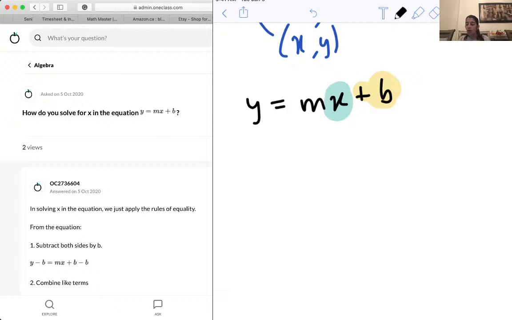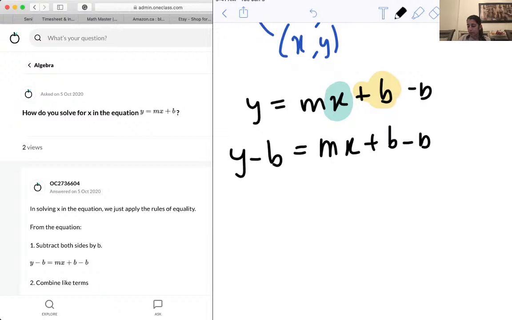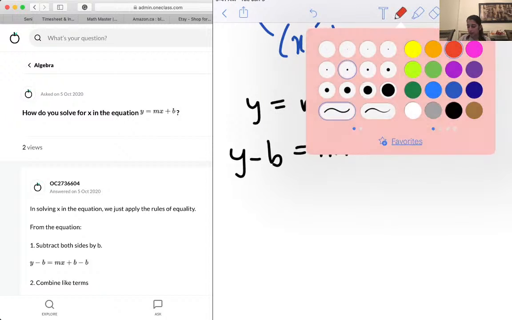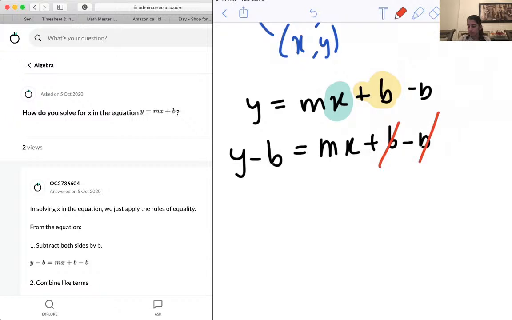But remember, whatever we do to one side, we have to do to the other side. So y minus b is equal to mx plus b minus b. Your b's get canceled out, and you're left with y minus b is equal to mx.